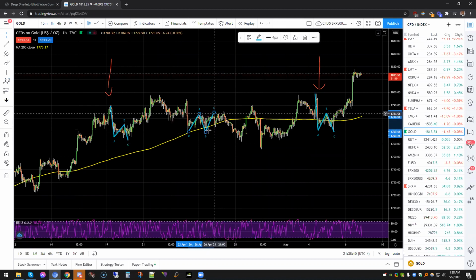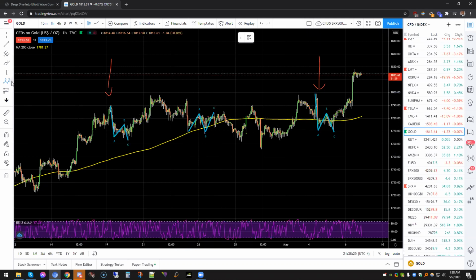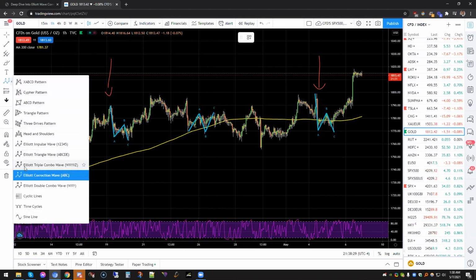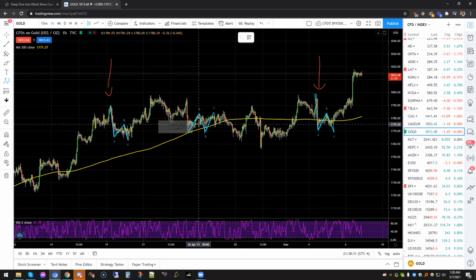There's a three-wave move right here. It's very complex, so it's not going to be very visible, but it's a three-wave move right in this area, which is what causes this wave to expand to the downside. So you're going to get this entire wave becoming a big structure that looks more like a WXYXZ.